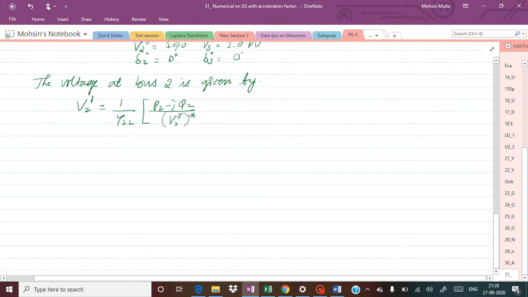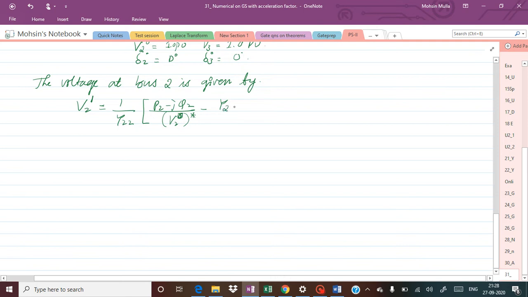Here the r-th iteration is nothing but the 0th iteration, so I'll directly write it as v2 of 0, minus the sum over k equal to 1 to 3 with 2 taken out. The remaining k values are k equal to 1 and k equal to 3.